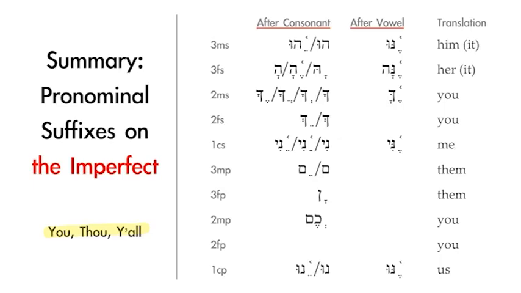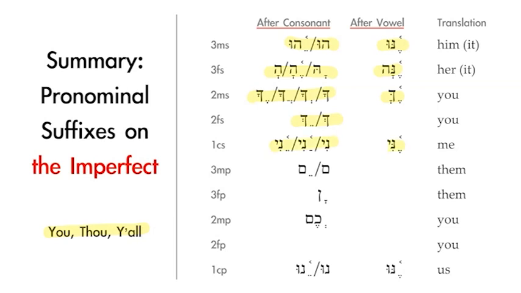Once again, in the 3MS category, we have either hu or enu. Those are the N suffixes. In the 3FS, we always have that qamets hey or hey qamets. In the 2MS, the final kaf with the qamets. In the 2FS, the final kaf with a schwa. In the 1CS, all of the ni forms.